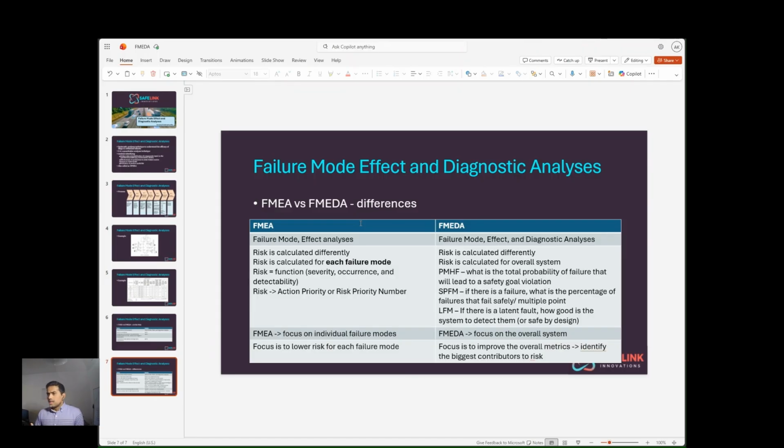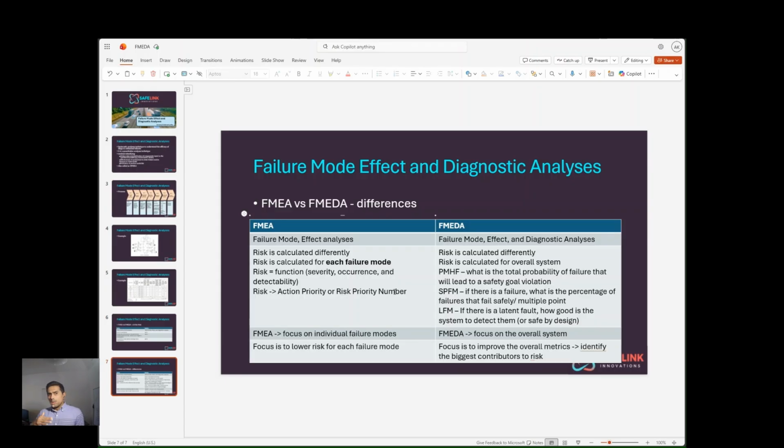Now, in an FMEA, the classical approach is we identify failure modes, and for each failure mode, we identify the risk in terms of severity, occurrence, and detectability. So a high severity, a high occurrence, and a high detectability will be a high risk, and that is denoted in the form of an action priority or a risk priority number.